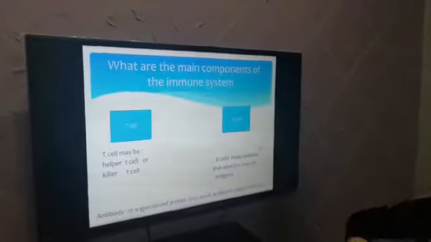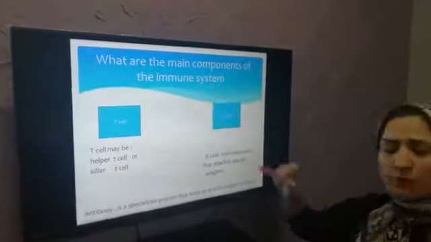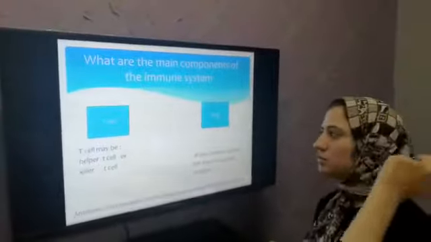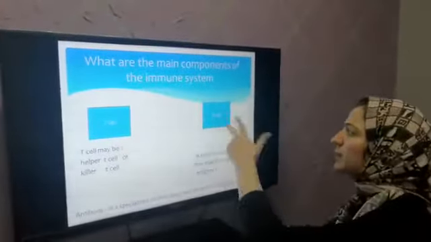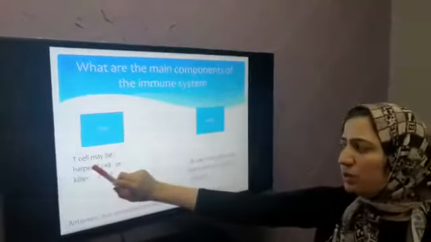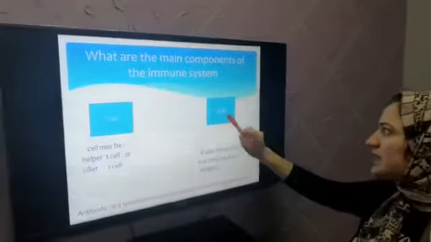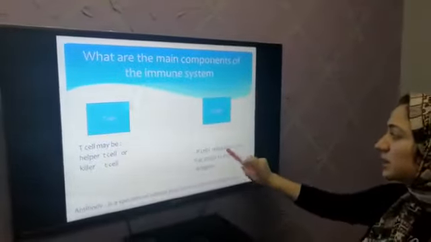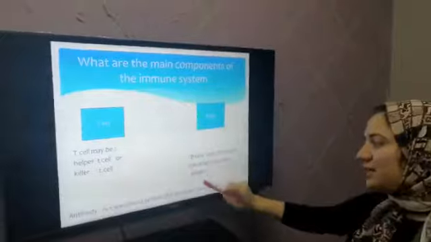Again, the main components of immune system are white blood cell, T cell and B cell. T cell may be helper or killer. B cell makes antibodies that attach to specific antigen.